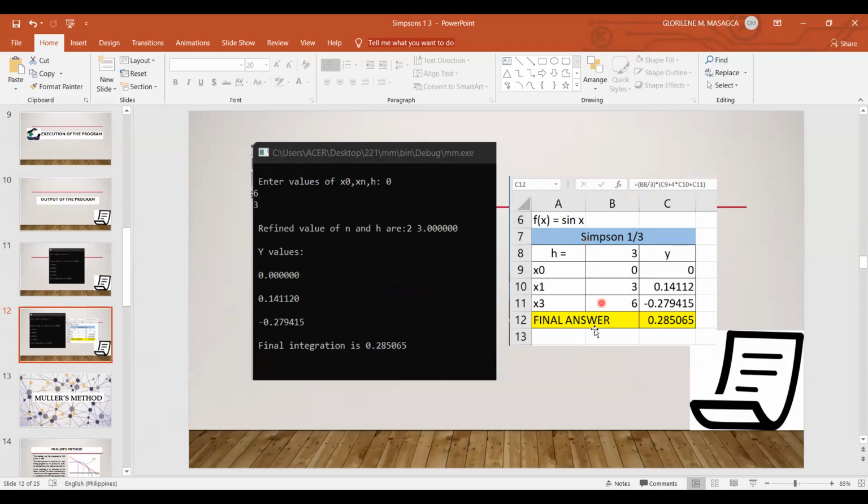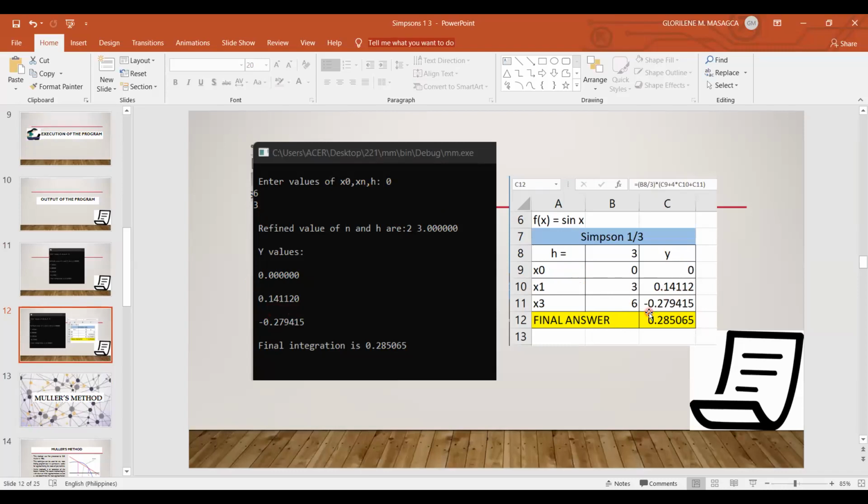for Simpson's 1/3 rule. So in here, the x is 0 also, h is 3, same as this one, xn is 6, so it is given. The values of x are 0, 0, so it's the same, 0.14112, 0.14112.